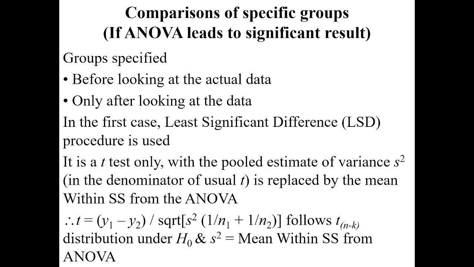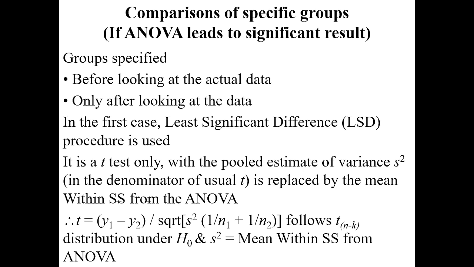In the first case, if you have specified that your focus is comparison of A versus C or E versus D, like that, what we call the least significant difference LSD procedure is used. And what is this procedure? It is a T test where the pooled estimate of variance, or S square, in the denominator of the usual T is replaced by the mean within sum of squares from ANOVA.